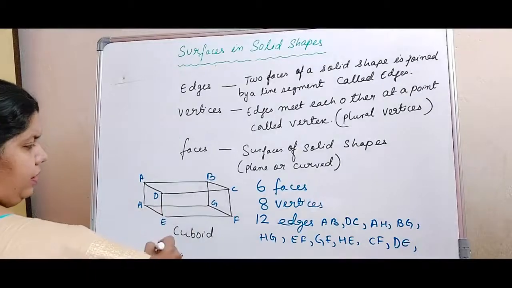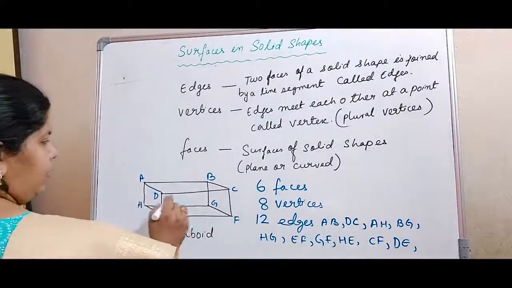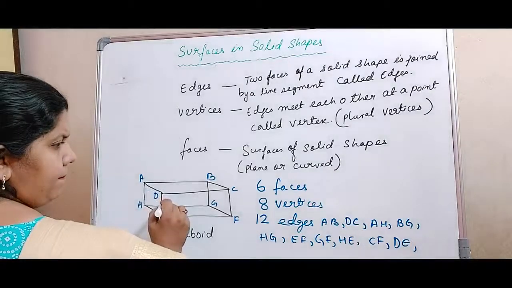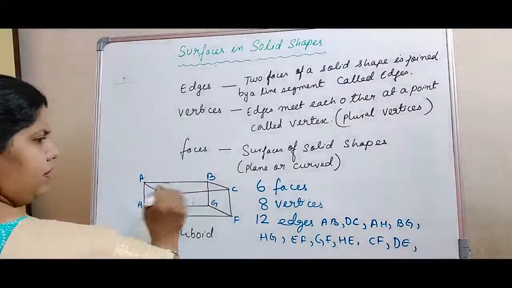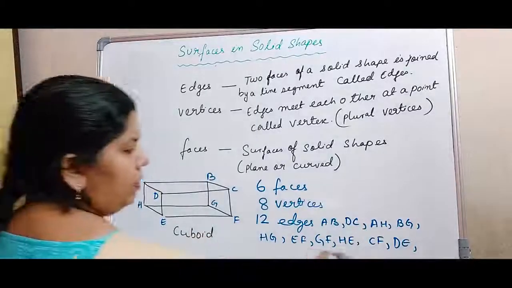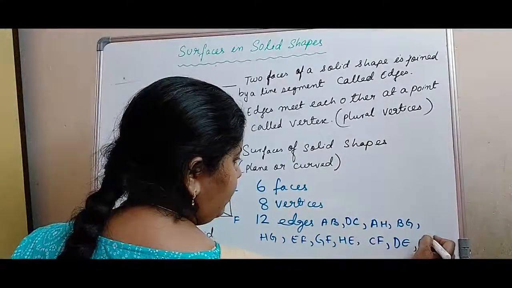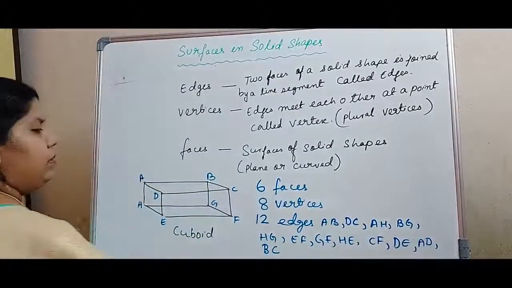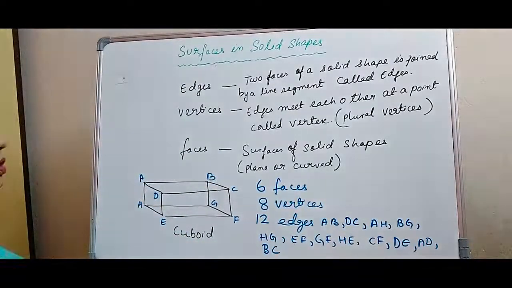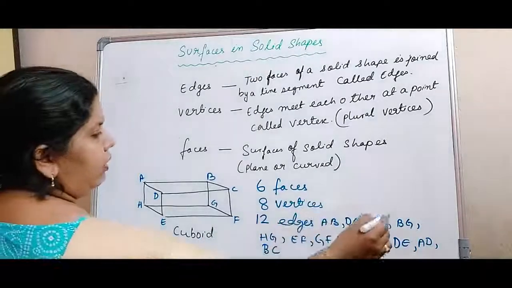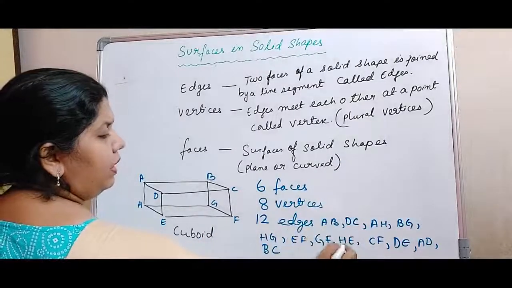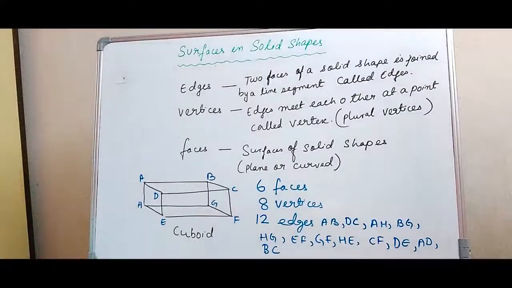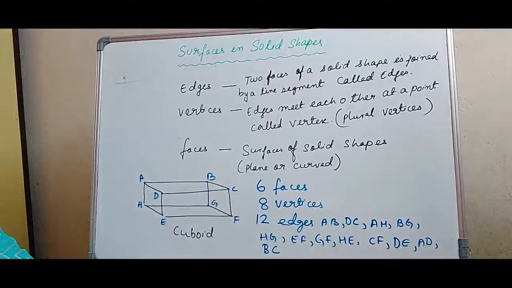GH is already written. See, AB, AD is there already. Okay, AD and BC is not written. AD and BC. So if we count 1, 2, 3, 4, 5, 6, 7, 8, 9, 10, 11, 12. So there are total 12 edges in this particular figure.